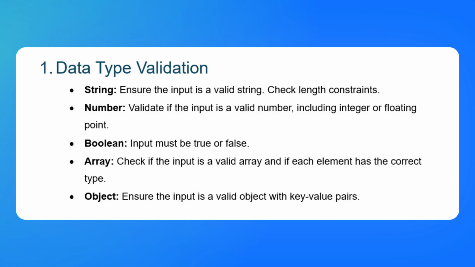We need to make sure that it's accepting a number, not text, in that field. In the boolean case, the input must be true or false. In the array case, check if the input is a valid array and if each element has the correct type. In the object case, ensure that the input is a valid object with key value pairs.